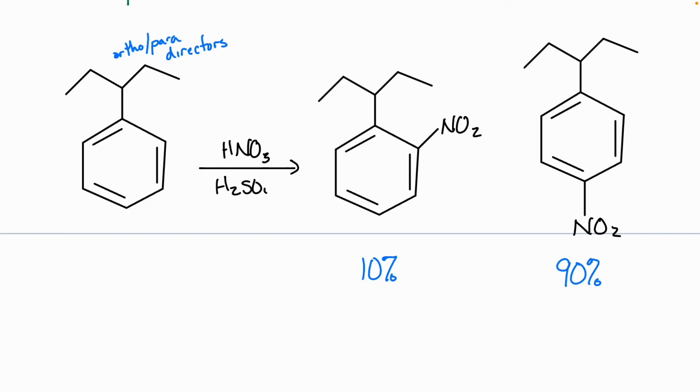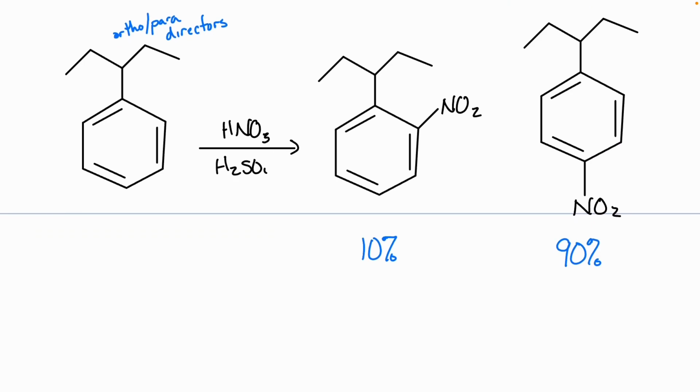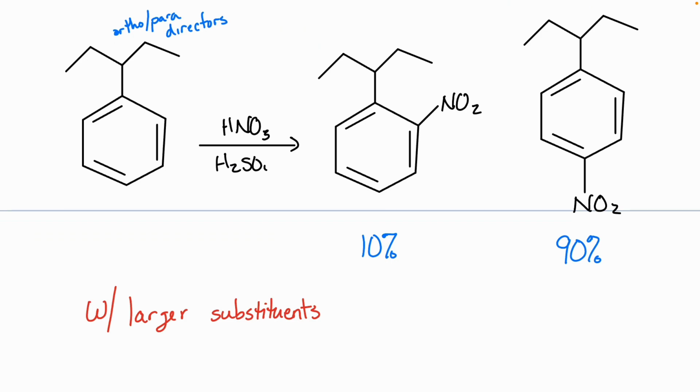So when we have a really large substituent already on the ring, the effective sterics take over and it will direct it to the far side, okay? So with larger substituents, all right, and we gotta sort of make a cutoff here.